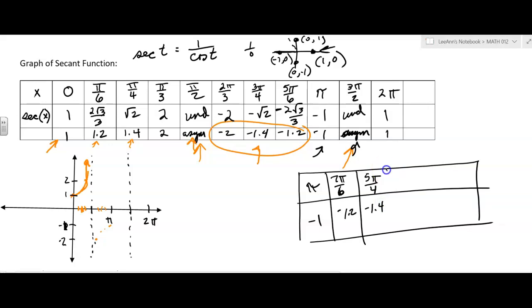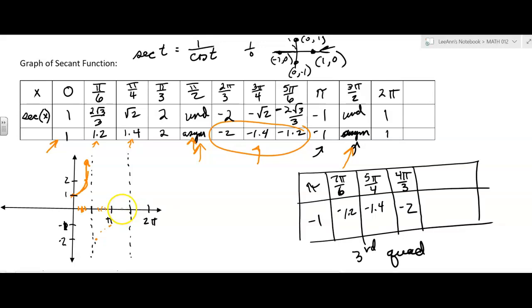All right. And then the last one's going to be 4 pi over 3. And this is all in the third quadrant. And so that's going to be your -2. Okay? All right, so you can kind of think about matching those up, or you could use your unit circle to figure those out. All right, so what does that look like?